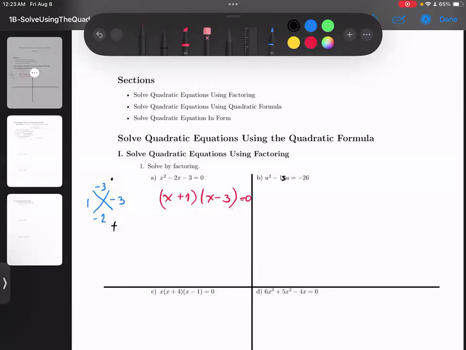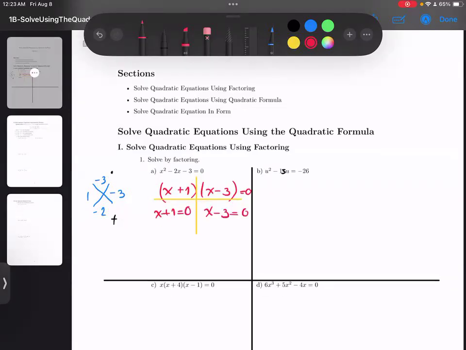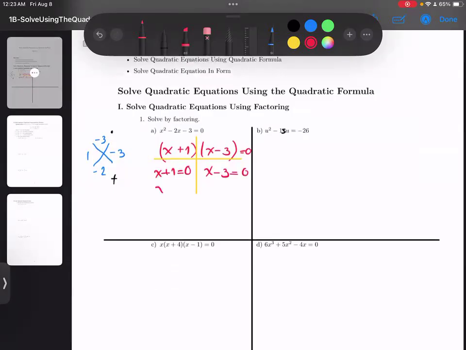So either x plus 1 is 0 or x minus 3 is 0, or both, right? So that means x has got to be -1 and x is 3. And that'll be the solution. It's quadratic, so you should have two solutions.